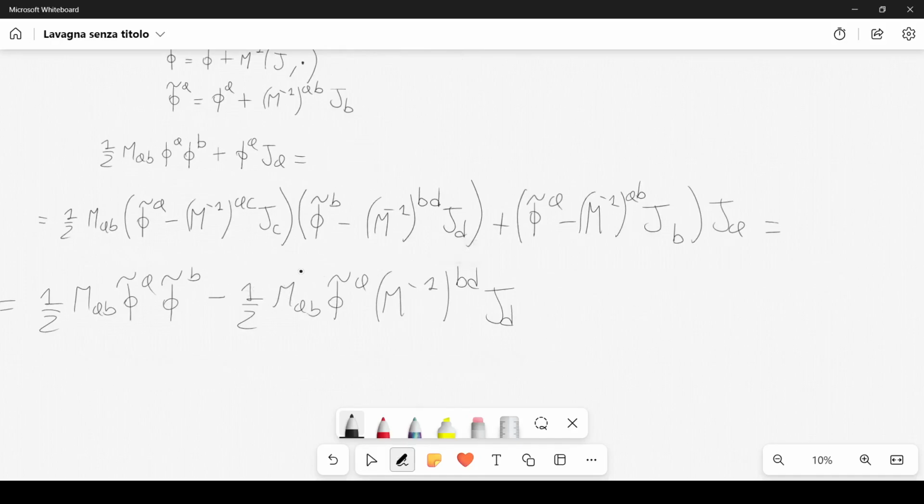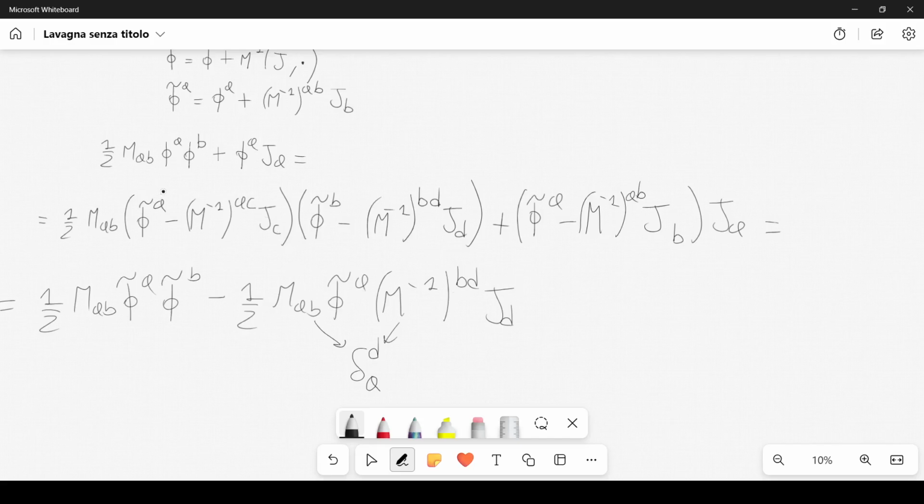And now you can see that this M_AB with this M inverse_BD will give you a Kronecker delta, with a lower A and an upper D. And this will simplify the expressions. But anyway, let's move on.